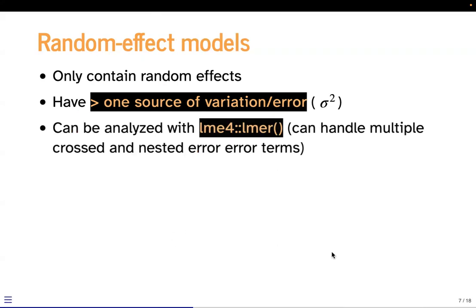And in R, we do not use lm for that. lm does not handle random or mixed effect models. So for that, there are different functions and packages we can use. I'm going to show you how to use function lmer from package lme4 that can truly handle multiple different errors in our analysis.